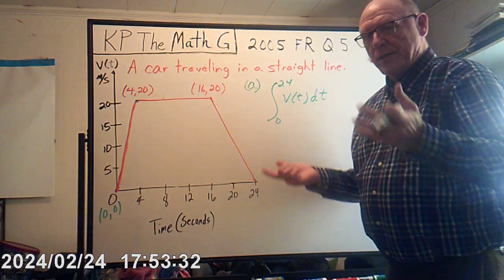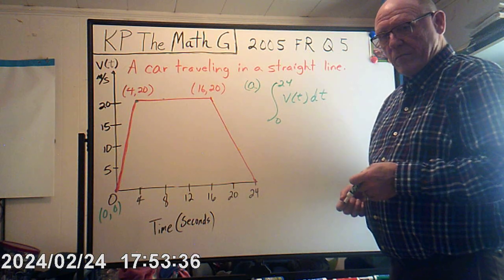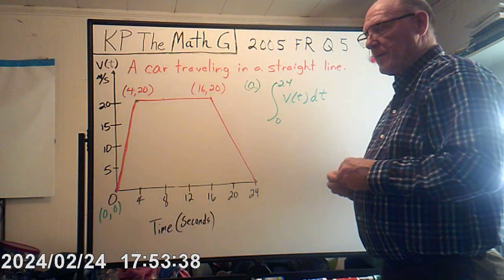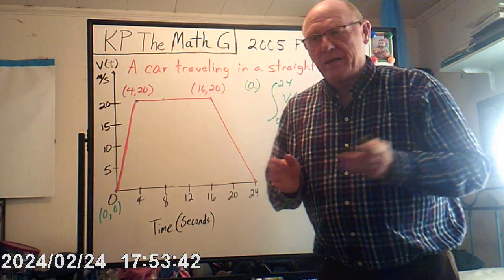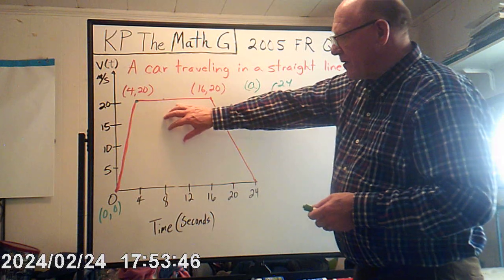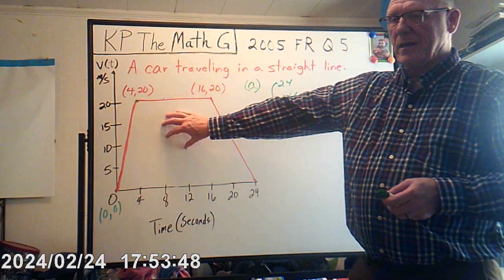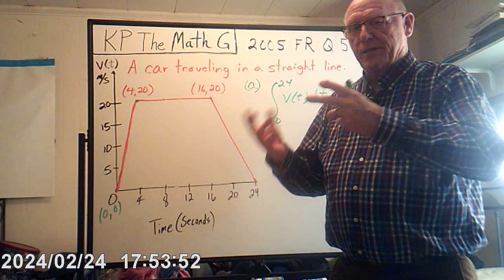Now you're taking the definite integral of V of t. What does that mean you're doing? What are you finding? Yeah, that's right, you're finding the area of this, but now what does that really mean? Okay, it means that you're finding distance, aren't you?